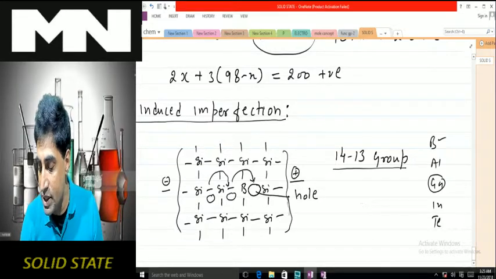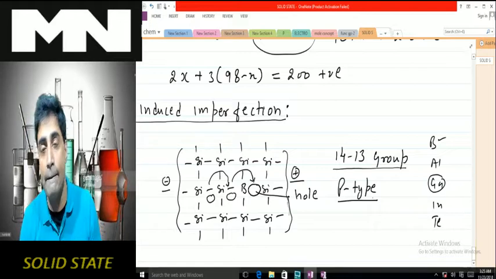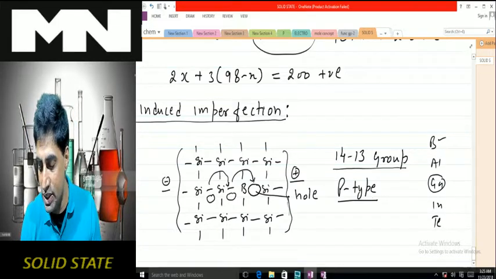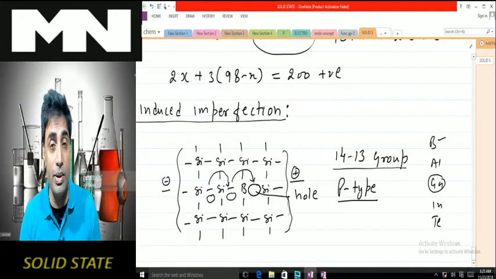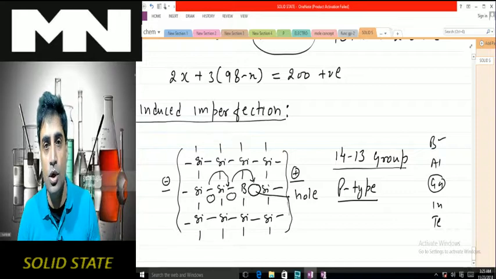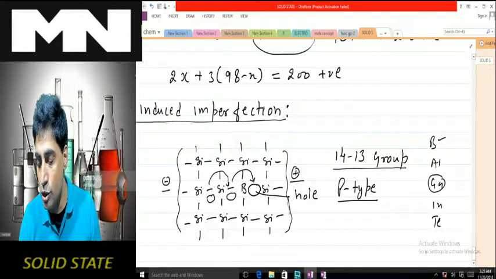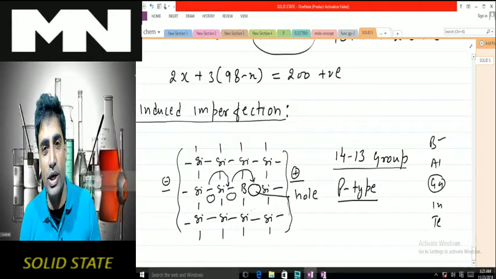Such a type of semiconductor is known as a P-type semiconductor, or we can say positive type, where the hole is a charge carrier. So you can see that the hole is conducting electricity. Whenever you are doping, we are putting impurity. Doping always means adding impurity. So whenever you are doping a 14th group element with a 13th group element, definitely you are going to get some vacant spaces.